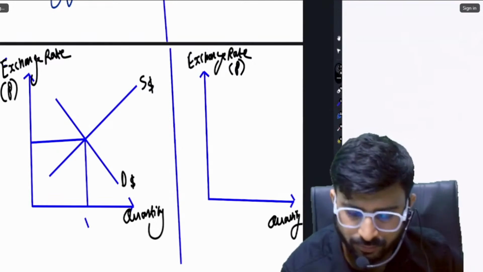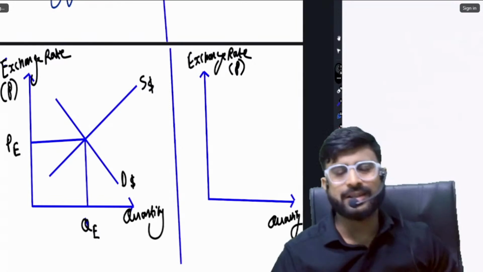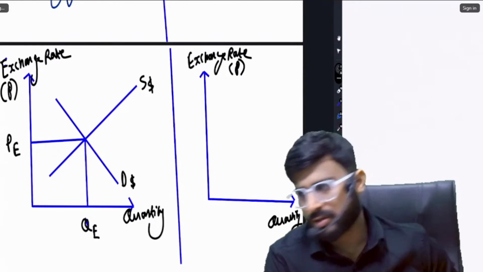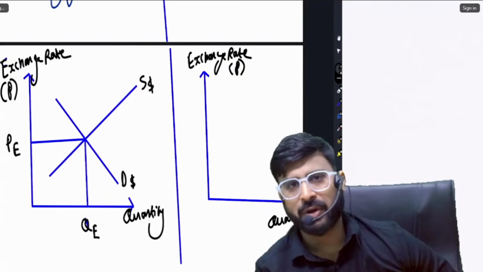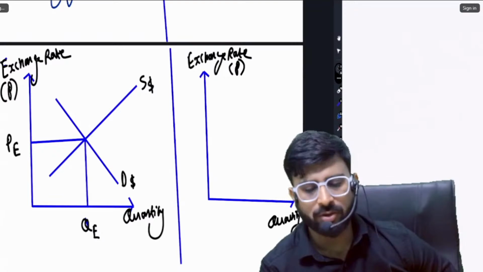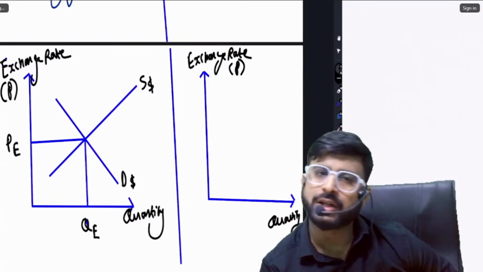Quantity that can be exchanged, price at which it can be exchanged. Perfect? Sir, perfect. So quantity and price you are having here, dear students.